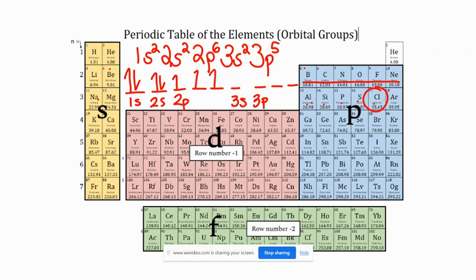You got to put everybody in the lower bunks before you can double up. Down, down, down. 3S, I have 1, 2. 3P, I'm going to go up, up, up, then down, down, and I don't put one in this orbital because there isn't one there. That one's free.